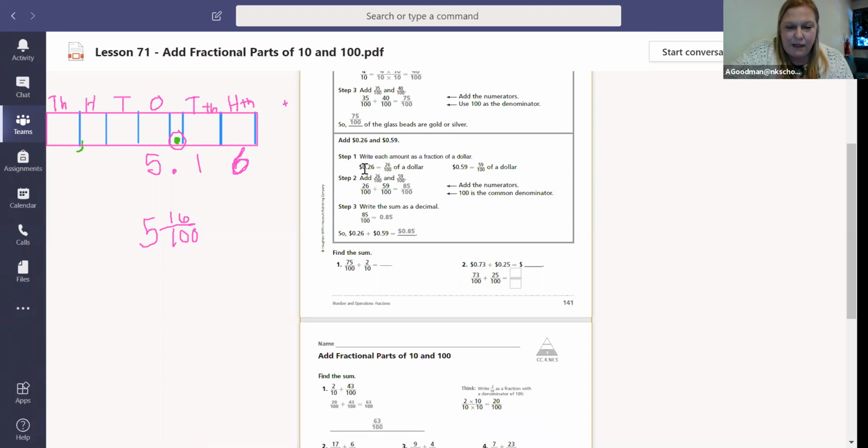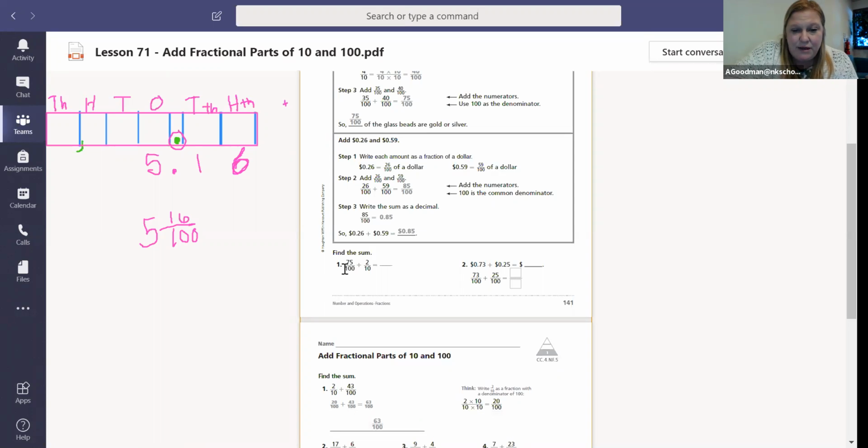So we took our 26 hundredths and put the 26 over the 100 to make 26 hundredths as a fraction. 0.59 is also equal to 59 hundredths of a dollar. So when it goes out to the second place after the decimal, that is the hundredths place, and then you put it over 100. Then we add them together and we get 85 hundredths.